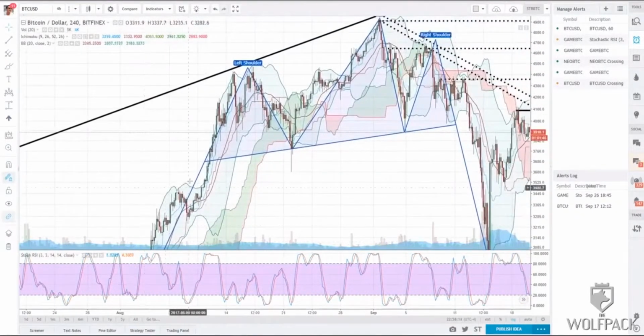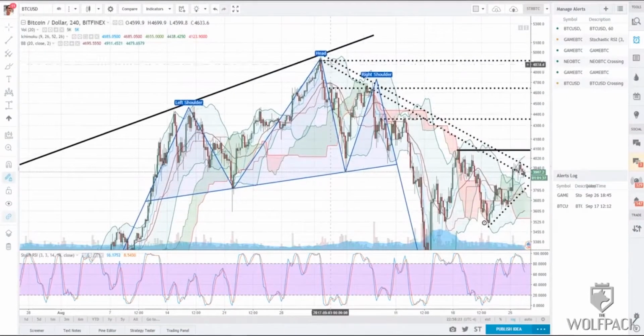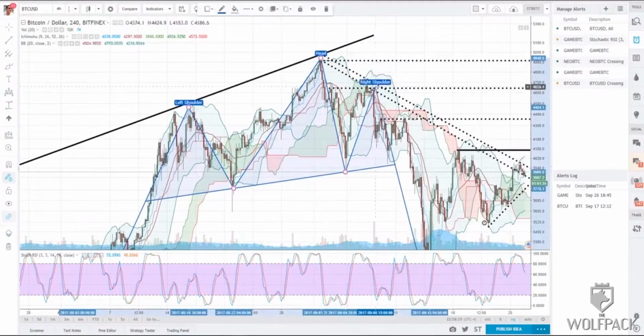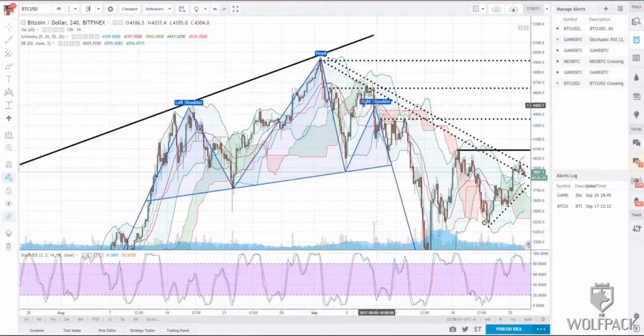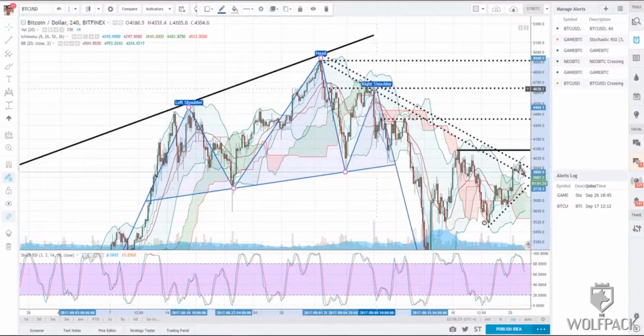Anyways, so you have the arm, then the left shoulder, right? Once it reaches a point, usually on a nicer, cleaner head and shoulders, it would be like a perfect one. The right shoulder would be equivalent to the left shoulder in terms of height. This one isn't. This one went up a little bit higher, but it still fills out the pattern in my books.